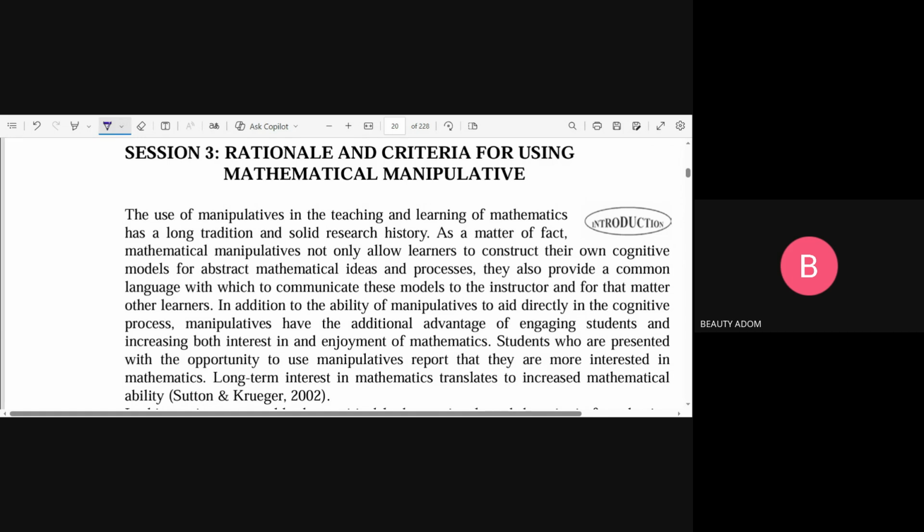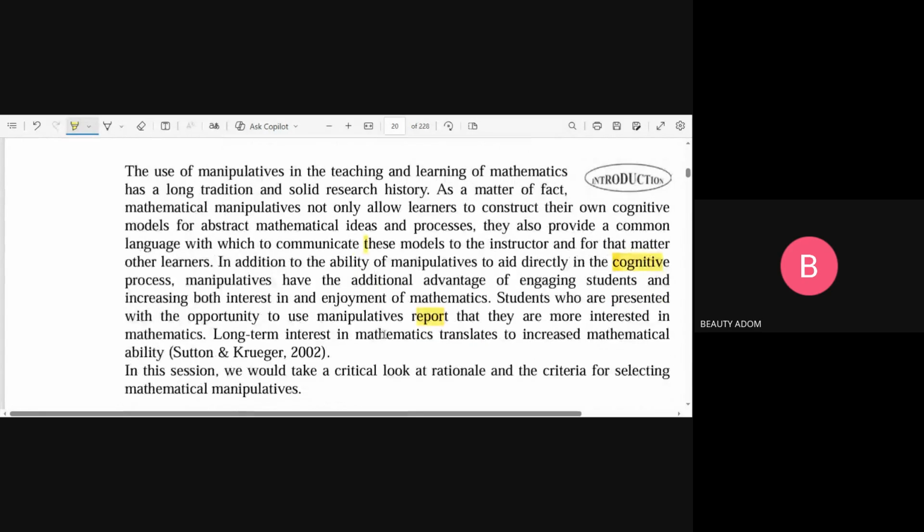In addition to aiding directly in the cognitive process, manipulatives have the additional advantage of engaging students and increasing both interest in and enjoyment of mathematics. Students who are presented with the opportunity to use manipulatives report that they are more interested in mathematics. Long-term interest in mathematics translates to increased mathematical ability.